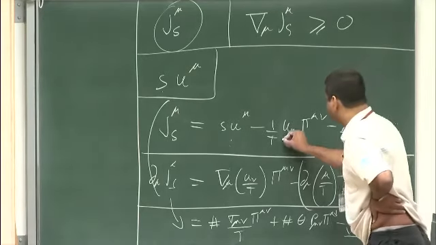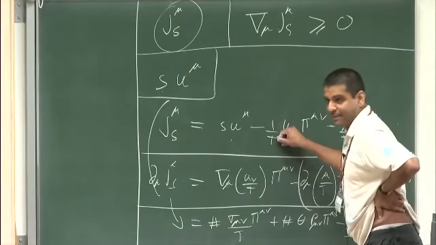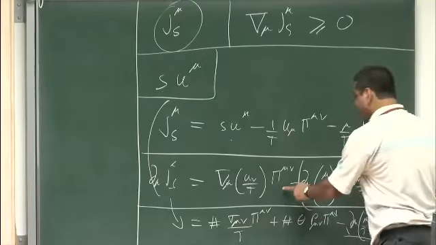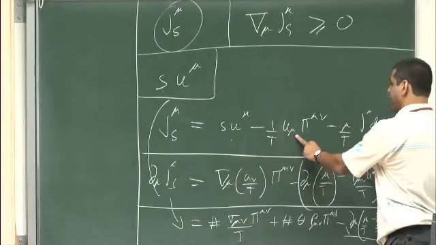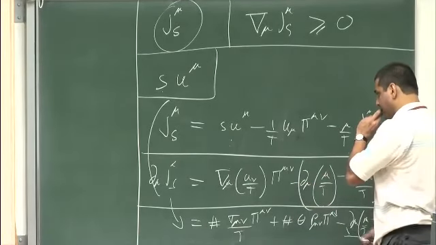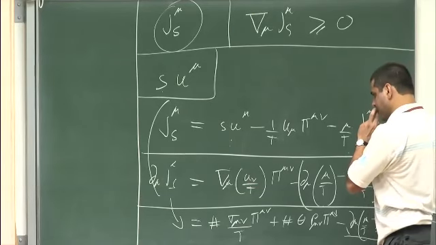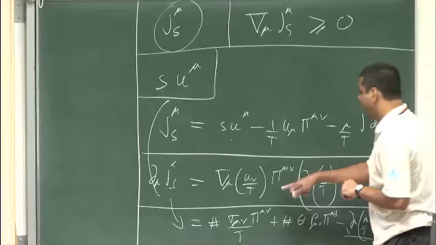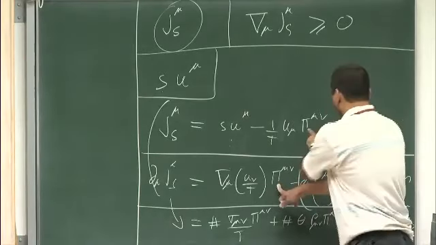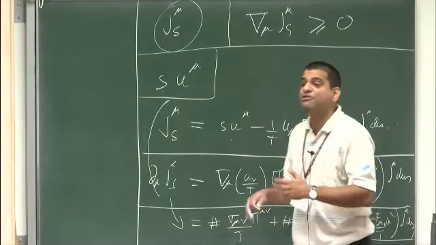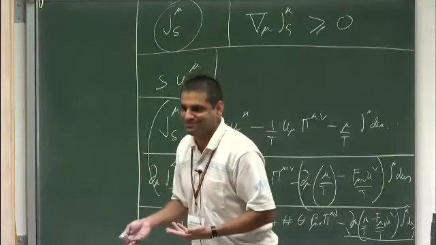You see, both these expressions are true in every frame. Part of this pi mu nu comes not from the fact that it was here, but by using the fluid dynamic equations of motion.